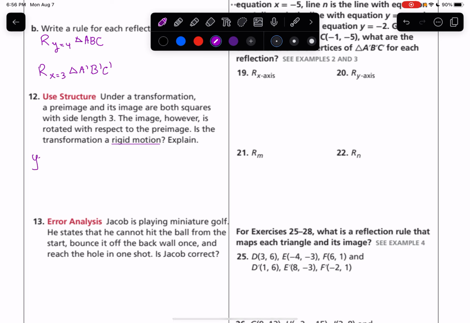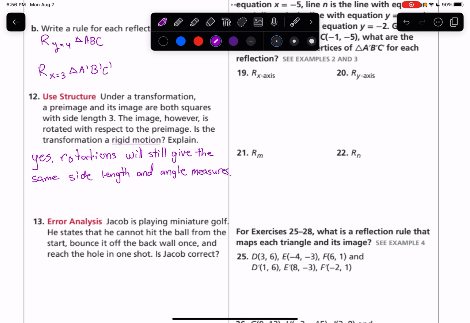So yes, we can say rotations, which this is, will still give the same side length and angle measures.